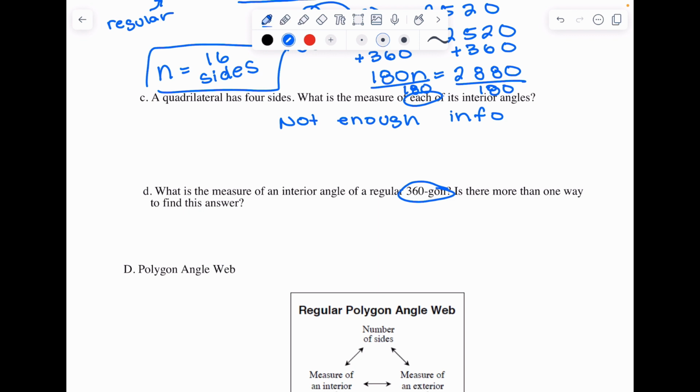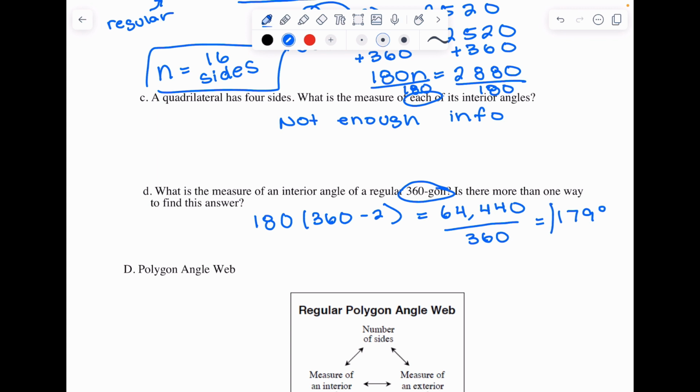What I'm going to do is find the interior angle sum by doing 180 times 360 minus 2, which tells me all of the interior angles add up to 64,440 degrees. And then if I divide by 360, this will tell me what each one measures. And so each one measures 179 degrees.